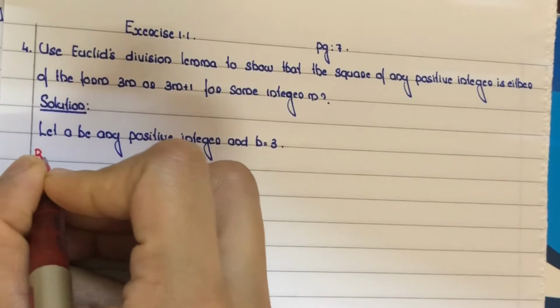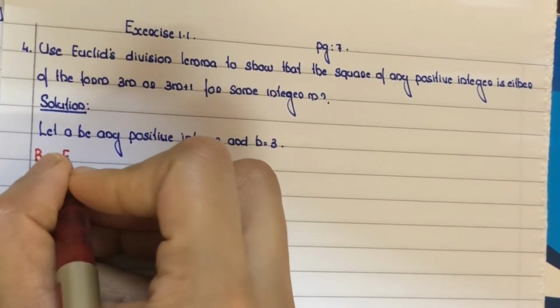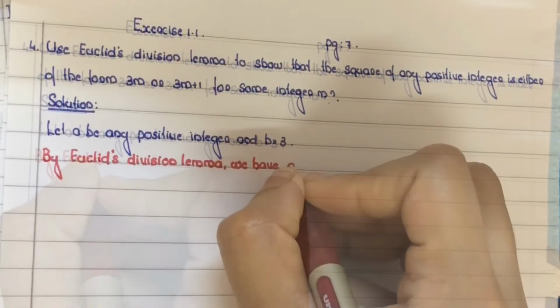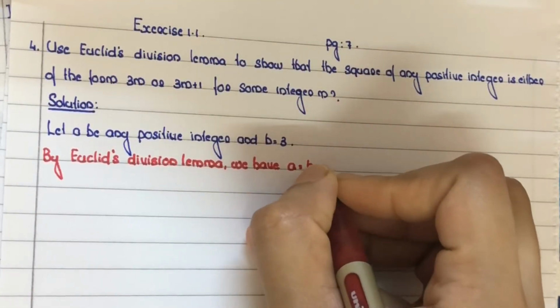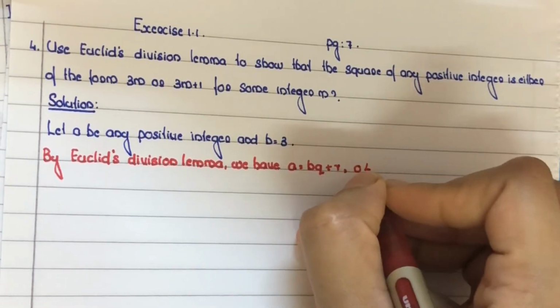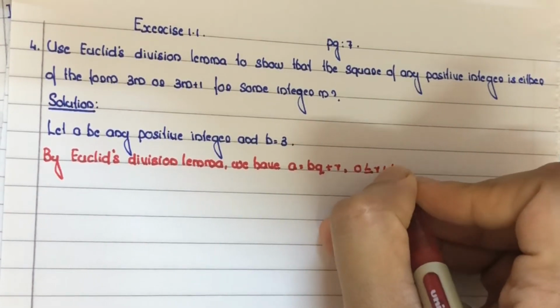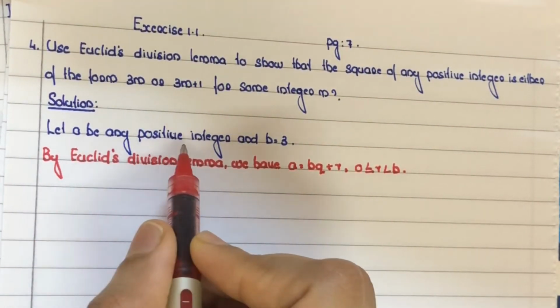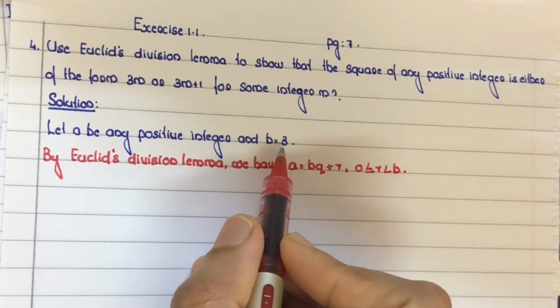By Euclid division lemma, we have a equal to bq plus r, 0 less than or equal to r less than b. And here a be any integer and b is equal to 3. Substitute it.